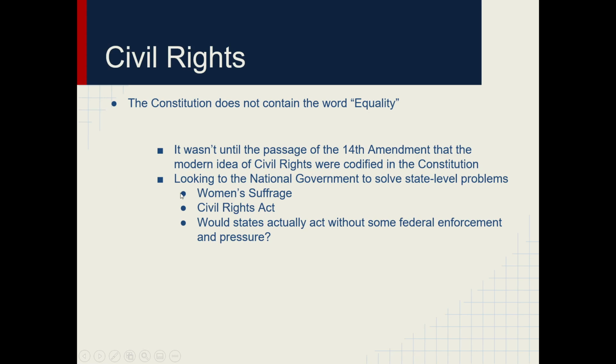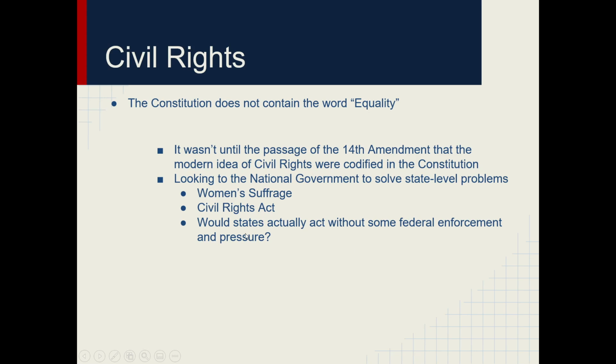This is the case of the women's suffrage movement, which allowed women to vote and gave women total political freedom. The Civil Rights Act, which was passed by President Lyndon Baines Johnson, was also a product of this bottom up movement of a problem from a state level problem to a national level problem.